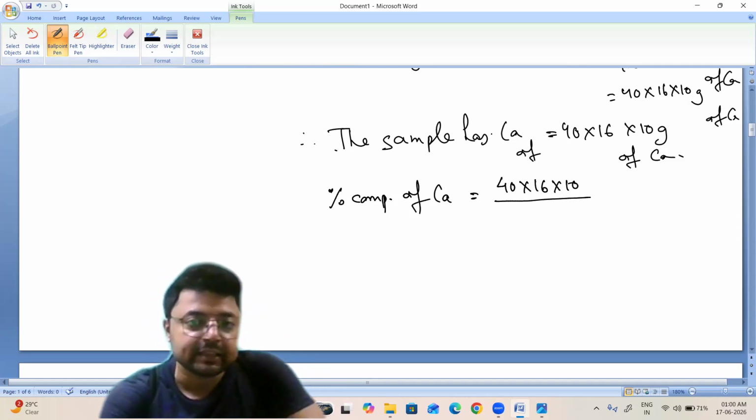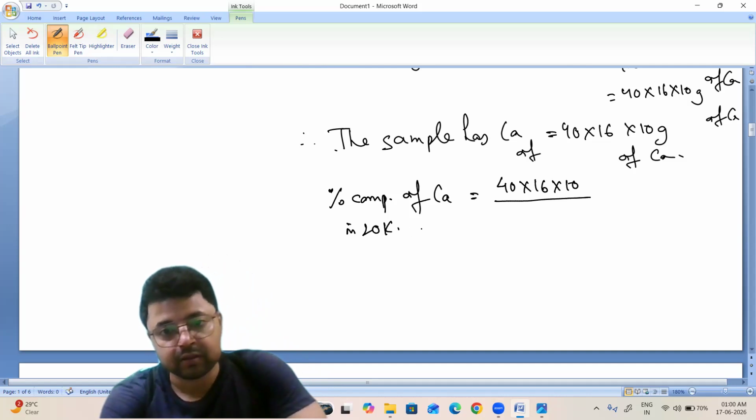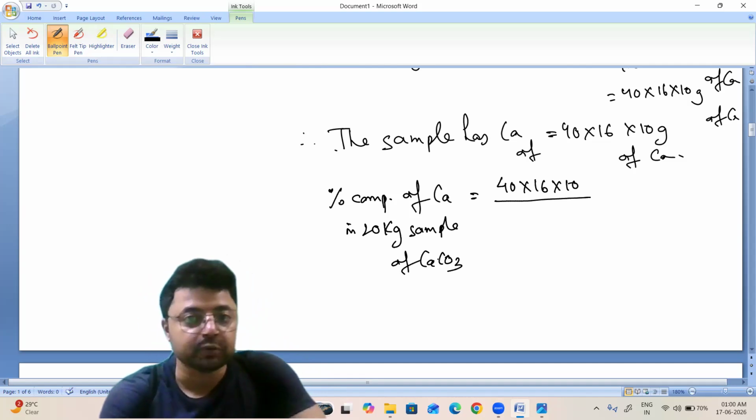Because 80% was pure, 16 kg was the pure calcium carbonate, and pure calcium carbonate will have the calcium; the other parts do not have any calcium. So this is the grams of pure calcium in the 20 kg sample of calcium carbonate. We are just verifying whether it comes to 32% or not.